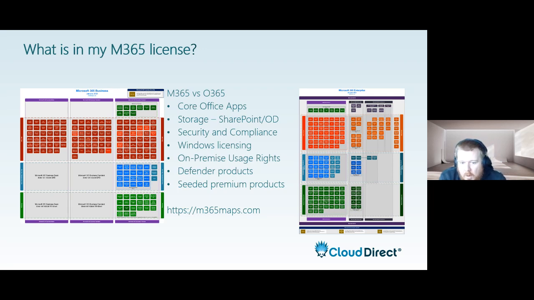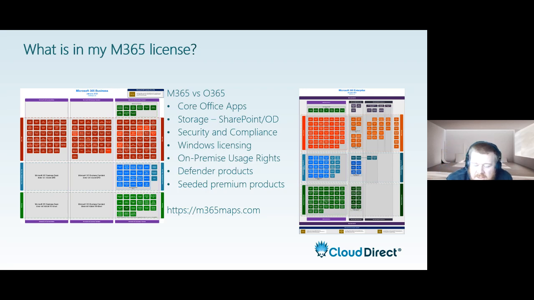You also get some on-premise usage rights, so client access licenses, which people historically have paid for as part of a service agreement. If you're using the online equivalents of those tools, such as Exchange, you get the client access licenses included in Microsoft 365. So as long as you're using a hybrid Exchange environment and you're not hosting mailboxes on-premise, you get those on-premise usage rights included in the Microsoft 365 licensing. So some of those other agreements that you may have with Microsoft may not be needed anymore.